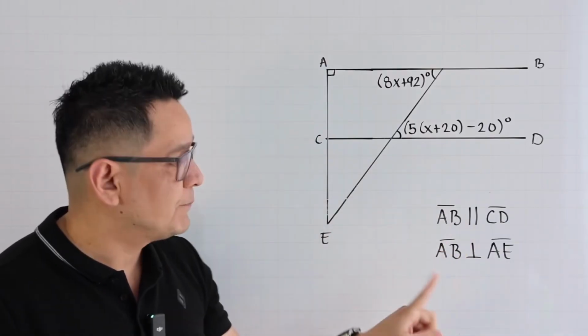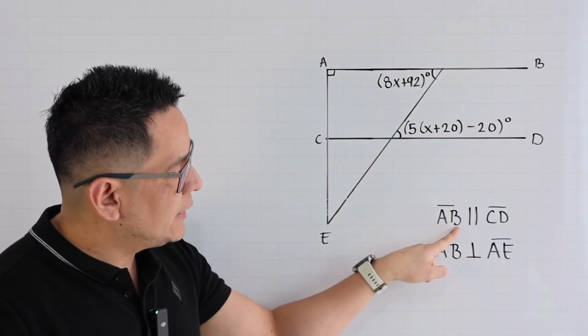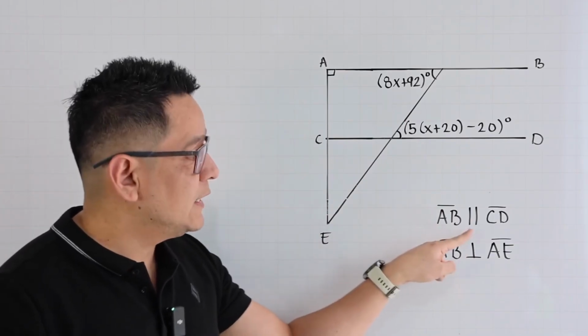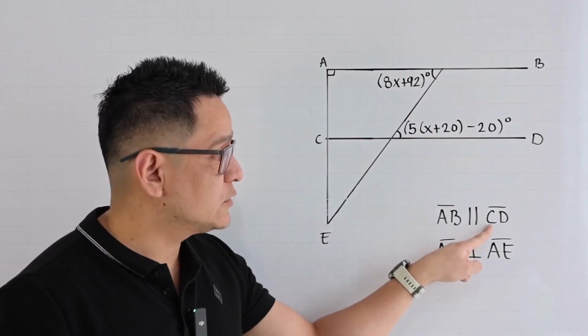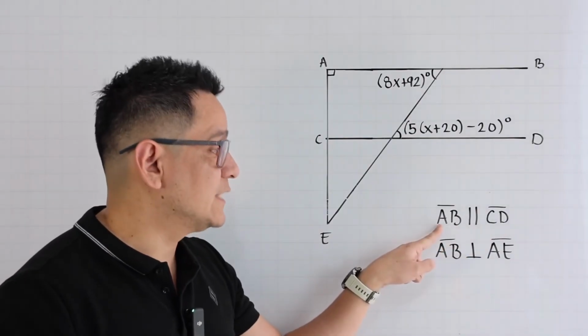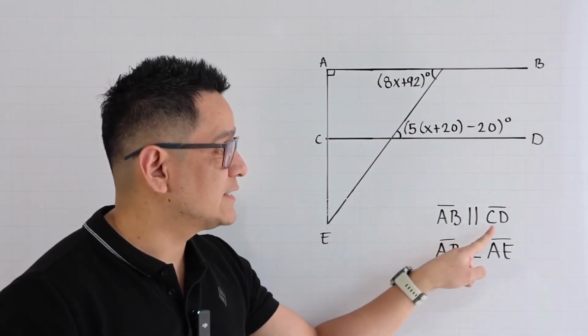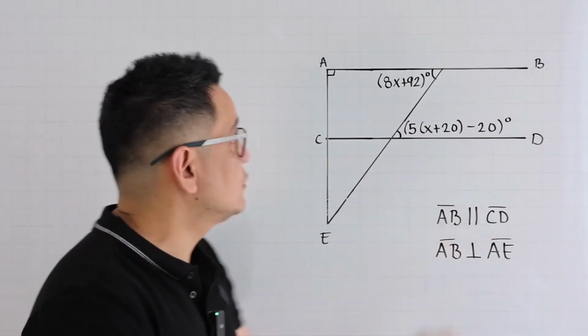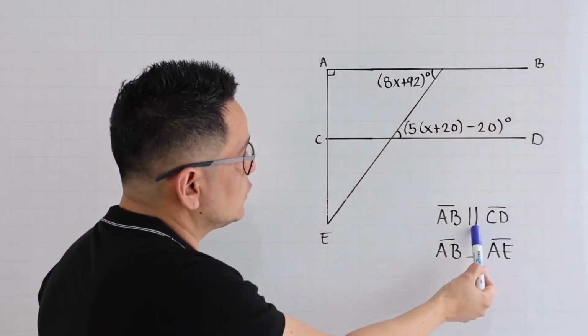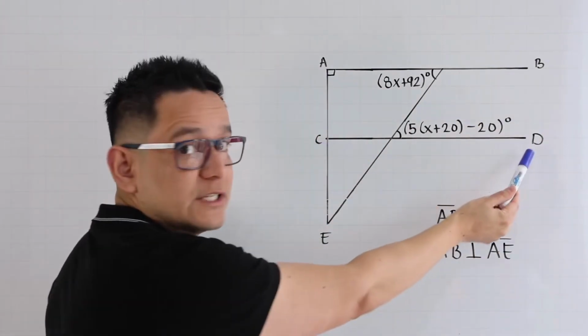It says here A, B, and it has a little line on top. This is read as segment AB, this is read as parallel to, and this is read as segment DC. So, what I'm saying here is that segment AB is parallel to segment CD. Let's locate the segments. Here we have segment AB, and it's telling you that it's parallel to segment CD.